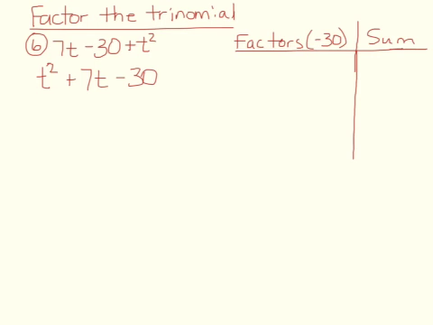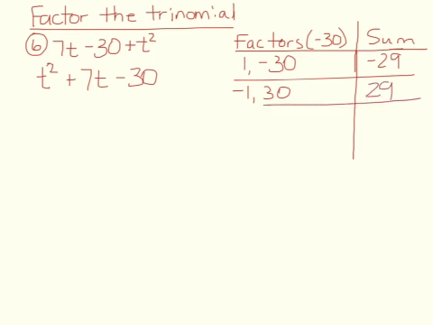So I want the factors of negative 30, and I want to get their sum, and their sum needs to be positive 7. So factors of negative 30, I'm going to have one positive and one negative. So 1 times negative 30 is negative 30, but that sum is negative 29. Then I've got negative 1 times positive 30, and that sum is positive 29.